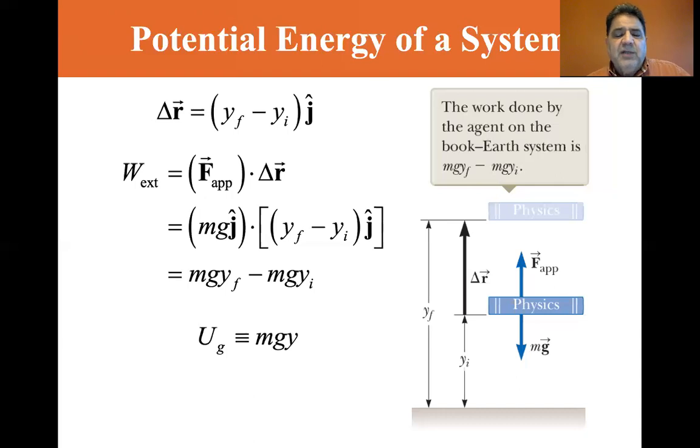So the gravitational potential energy is mgy. It's the change in position. Okay, the work done is the change in the potential energy.